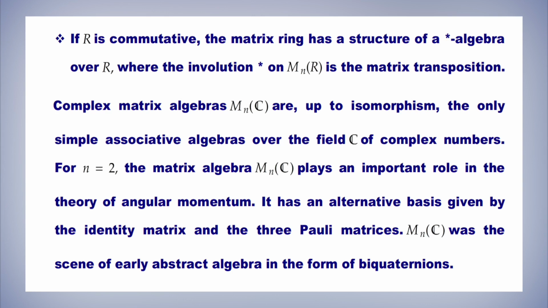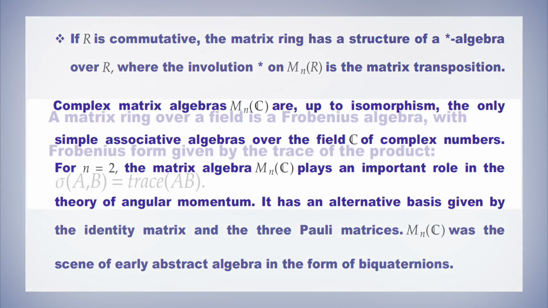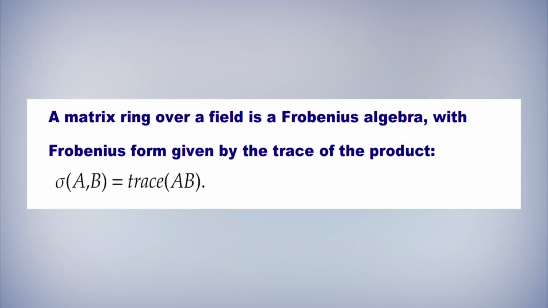It has an alternative basis given by the identity matrix and the 3 Pauli matrices. M2(C) was the subject of early abstract algebra in the form of biquaternions. A matrix ring over a field is a Frobenius algebra with Frobenius form given by the trace of the product: sigma(A, B) = trace(AB).